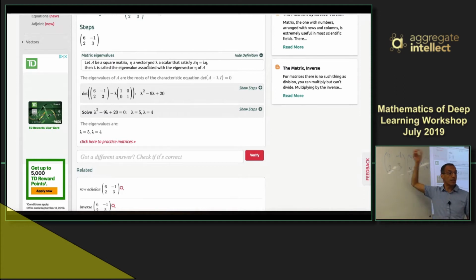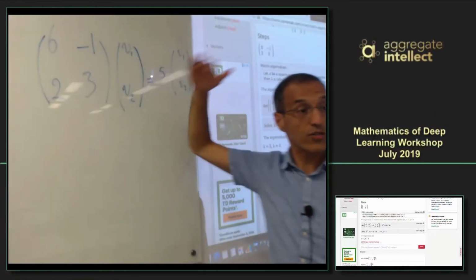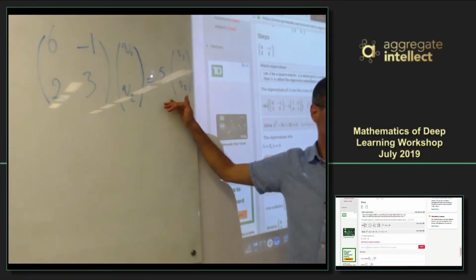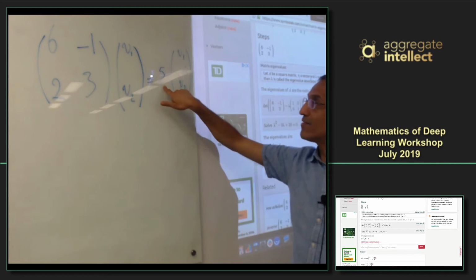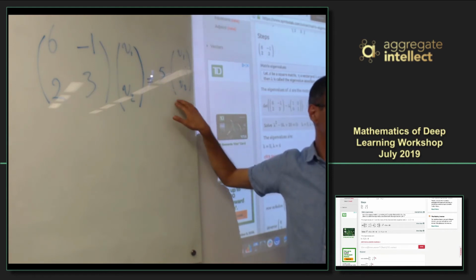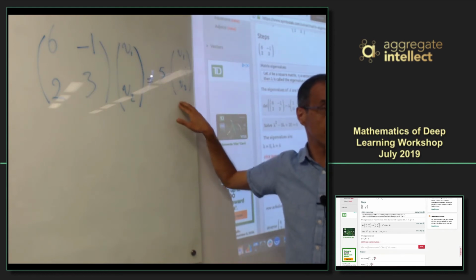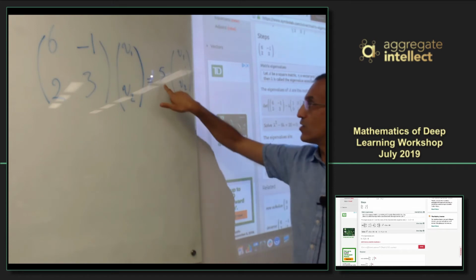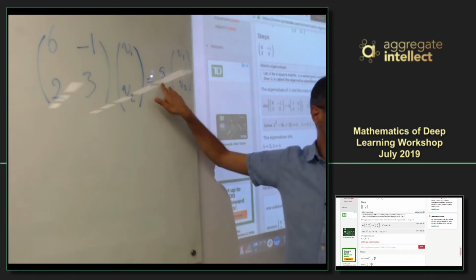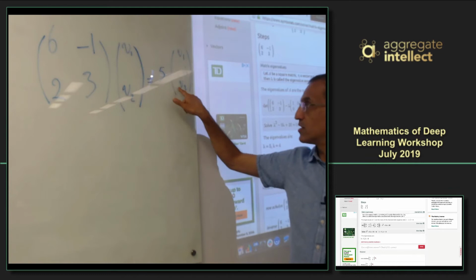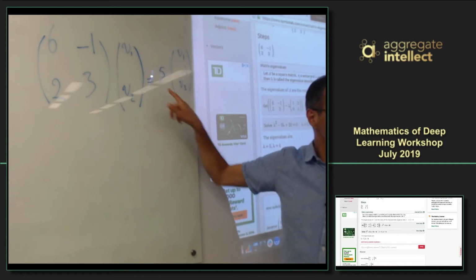So I'm looking at the first one. For every eigenvalue we have a corresponding eigenvector. I want to find the eigenvector that corresponds to the eigenvalue of 5.